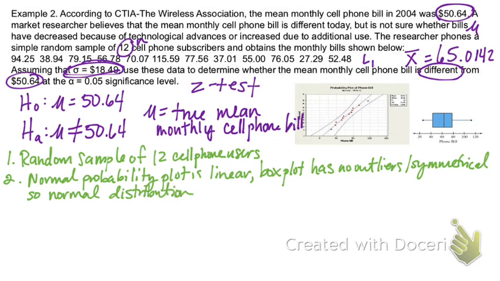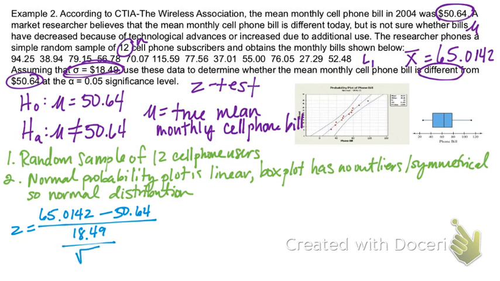Okay, from here, formula, I'm going to use Z now. So Z equals my X bar, 65.0142, minus 50.64, divided by my standard deviation, which is 18.49, divided by the square root of 12.